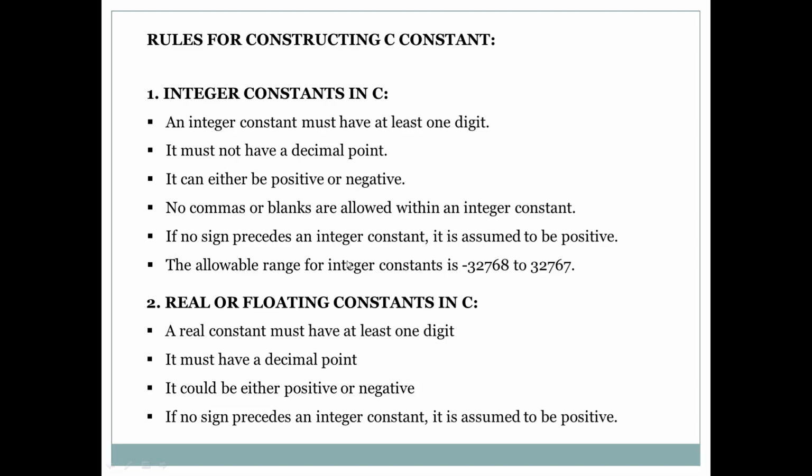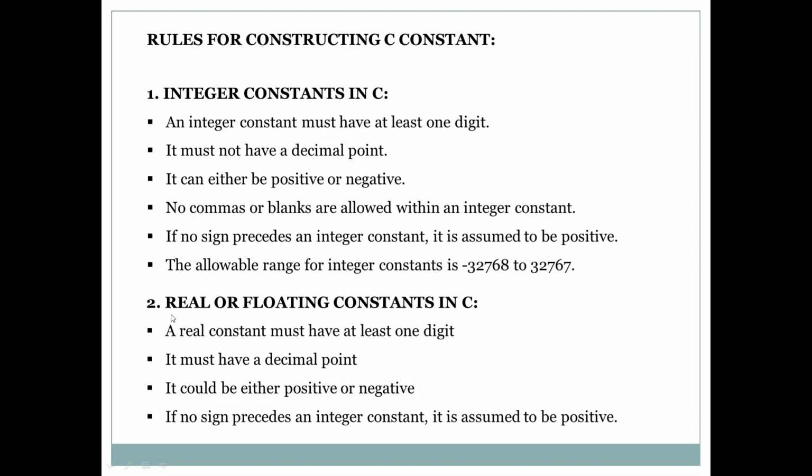If no sign precedes an integer constant, it is assumed to be positive. The allowable range for integer constants is -32,768 to 32,767.